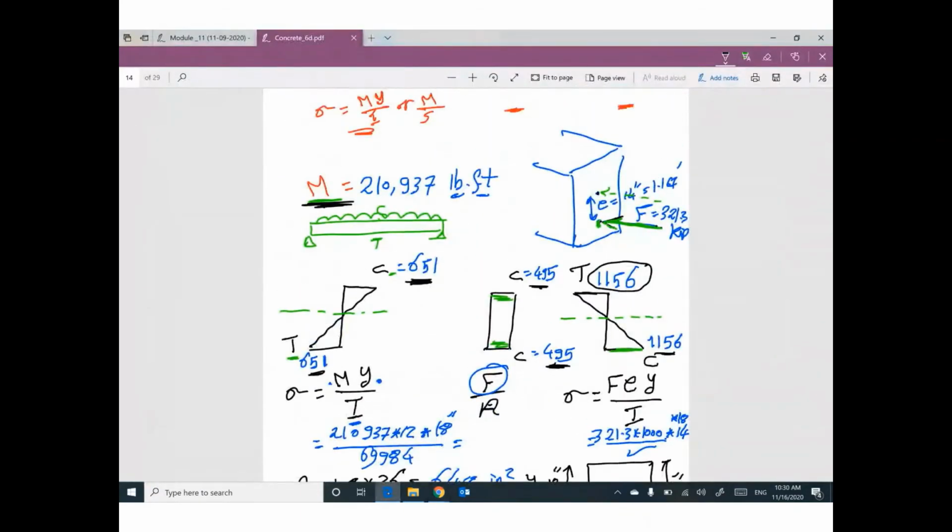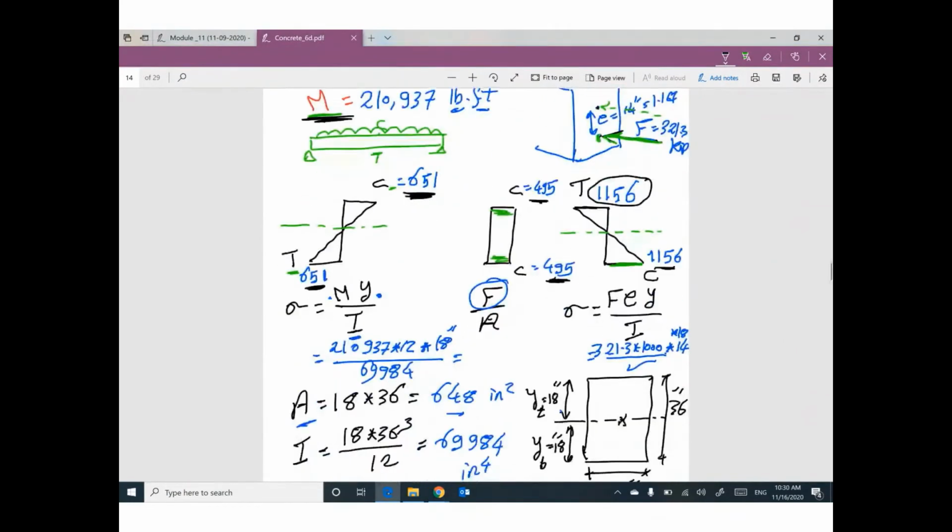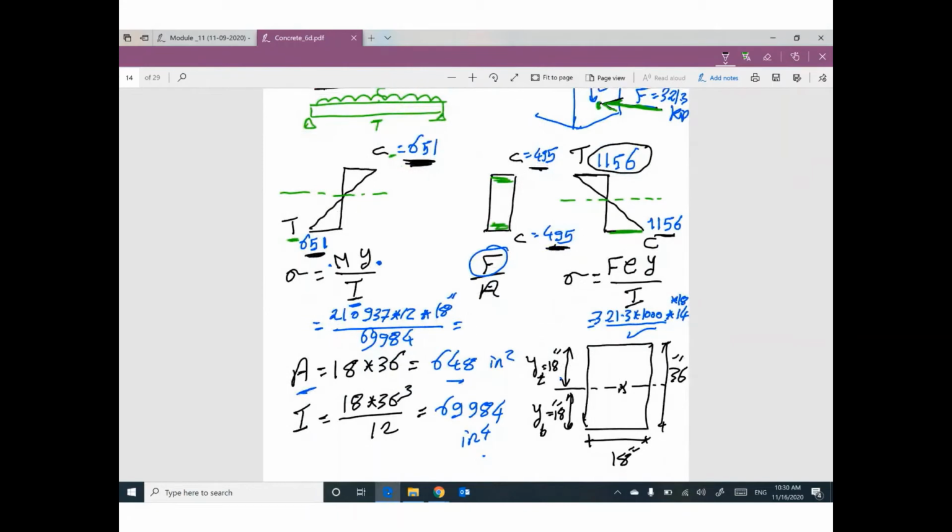This one equals this one because you have a cross section that gives this y distance equal to this y distance. You are lucky because your cross section looks like a rectangle. So the centroid and the neutral axis are at mid height. So the distance at the bottom equals the distance at the top, and your stress at the bottom equals the stress at the top.